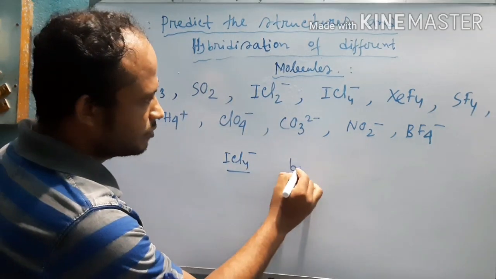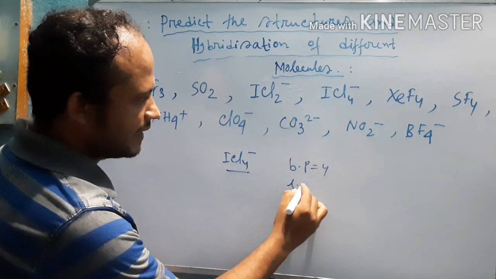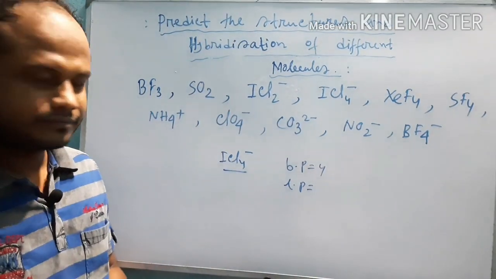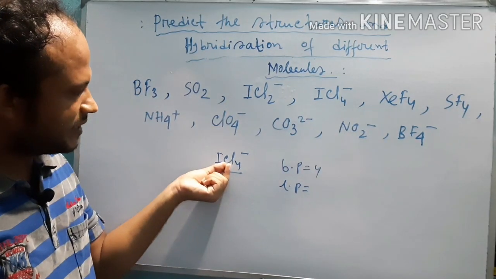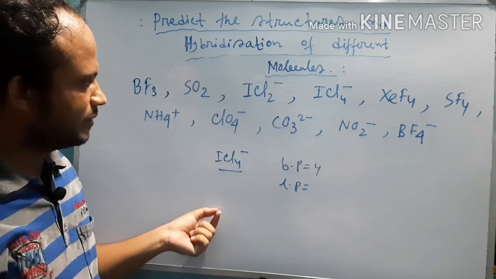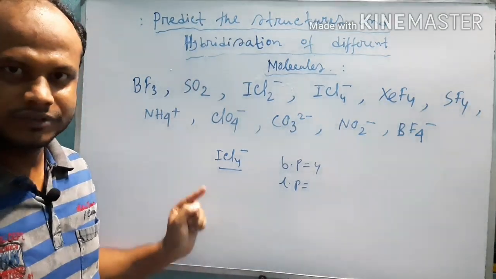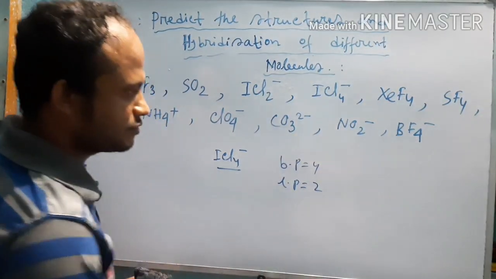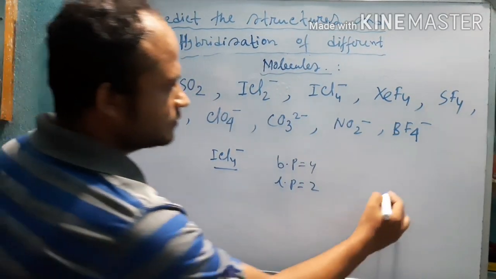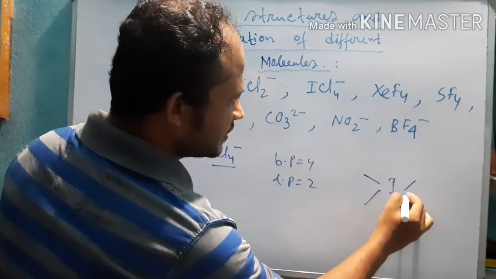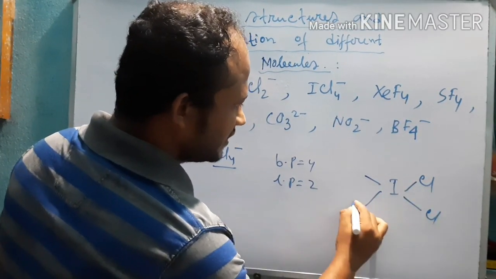So here bond pair equals 4, and with 4 chlorine atoms attached, the electrons left will be 4. So 2 lone pairs, and the structure will be like this.